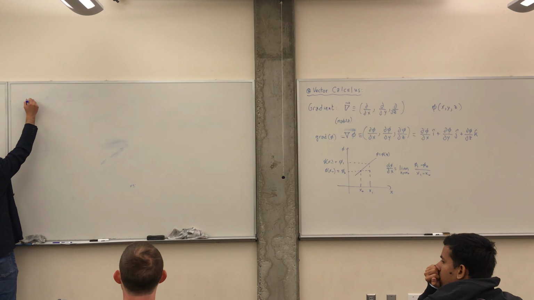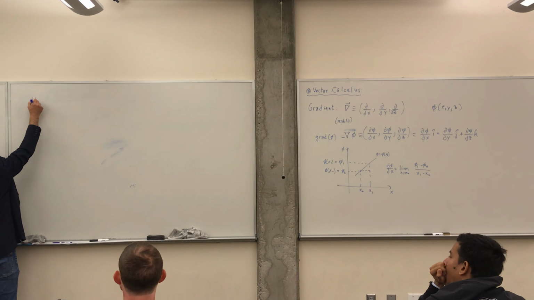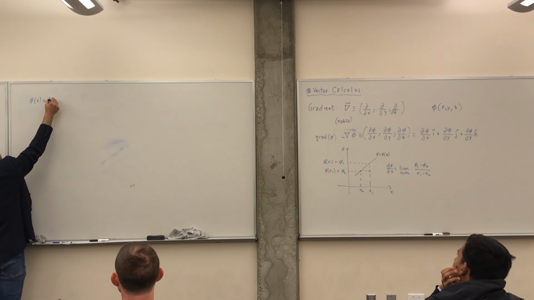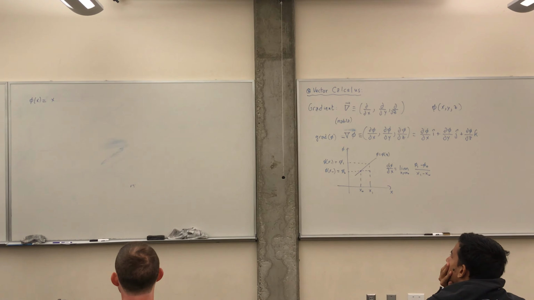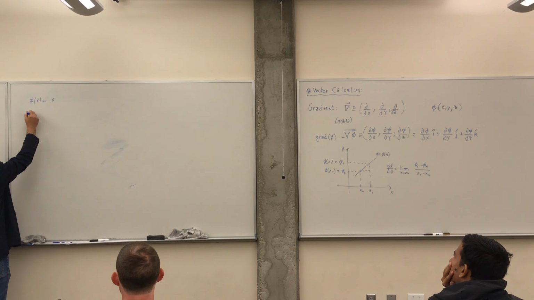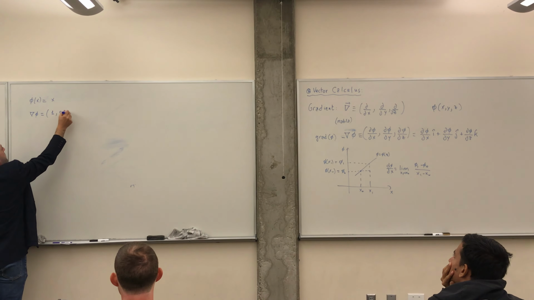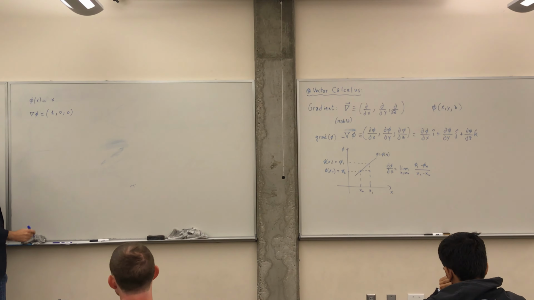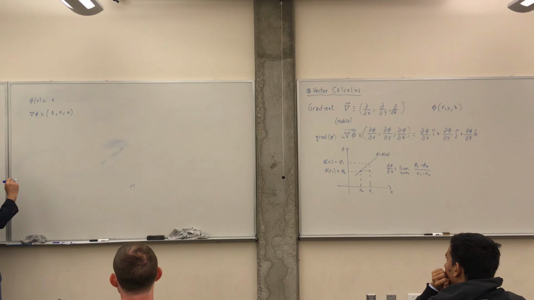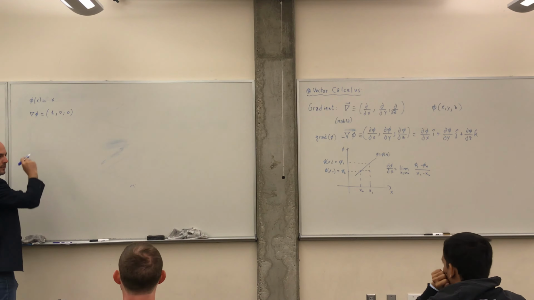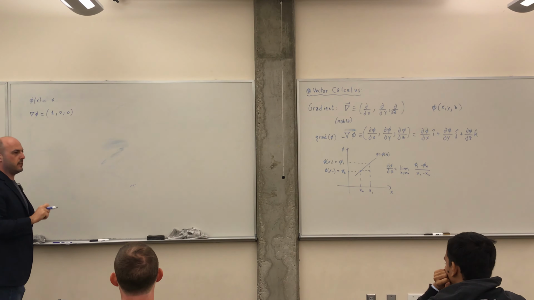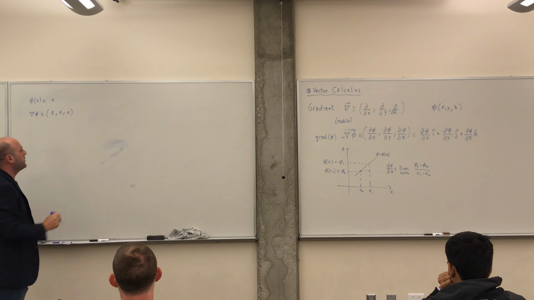Let's consider the function phi of x equals x. Very simple. Now, what is grad phi? Simply 1, 0, 0. So the value of grad phi, we know it's 1D, but it's a vector that always points in the positive i direction.